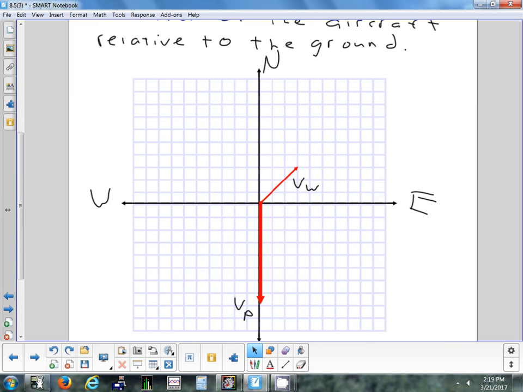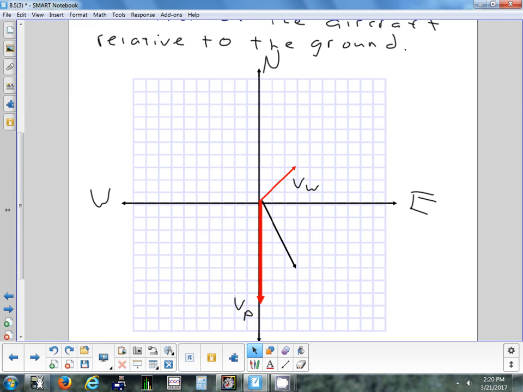All right, so if the pilot didn't make any kind of correction, what would actually happen is I'm going to just add these two vectors together, just like we learned on the very first day of vectors. This is how the plane would travel. That black line represents the actual direction.